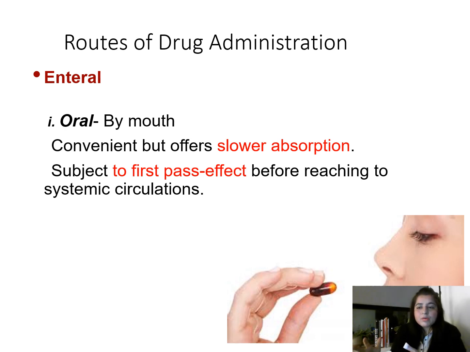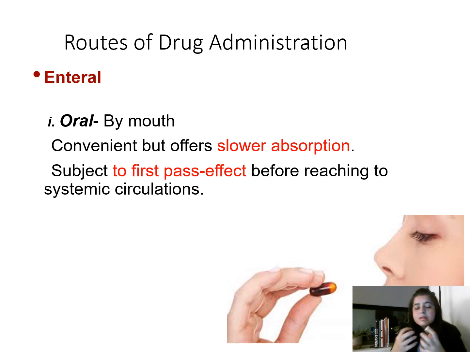The systemic circulation is all the veins and arteries that span throughout our body, except the veins and arteries that surround the liver. So what happens when we take the drug through the sublingual route?